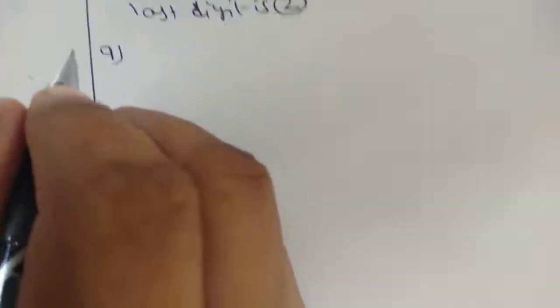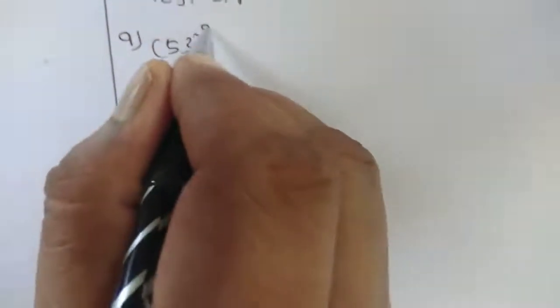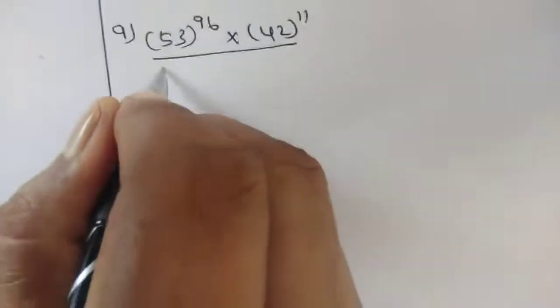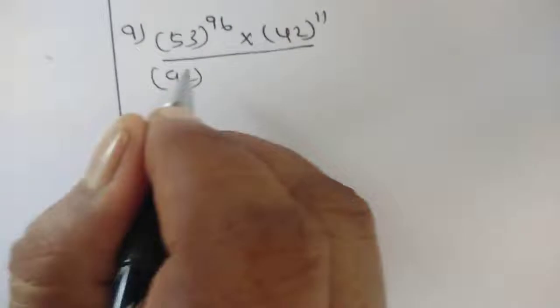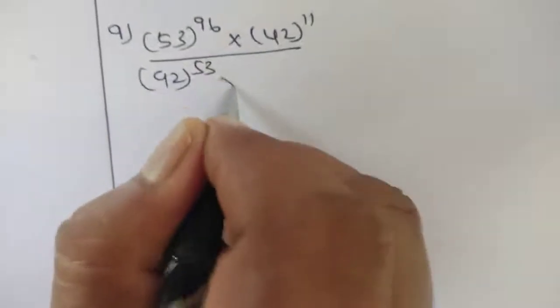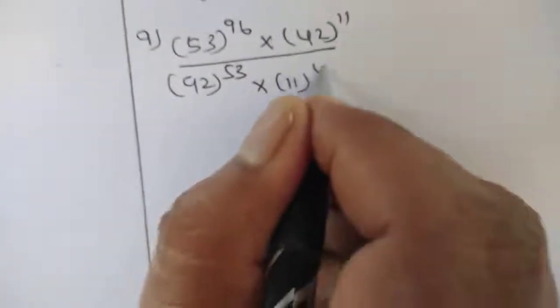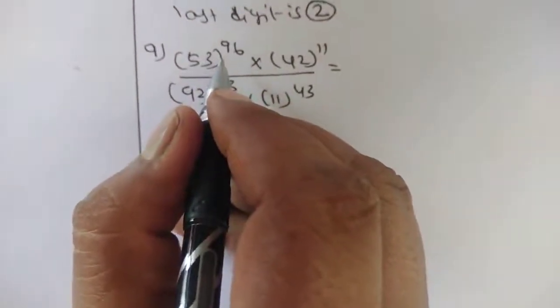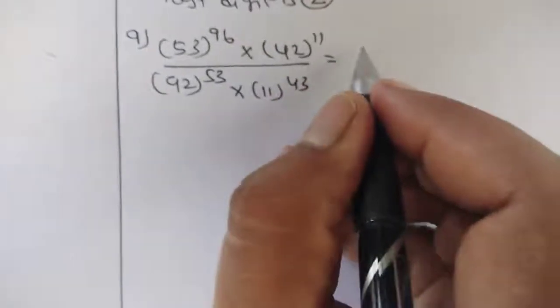The ninth problem, you take 53 power 96 into 42 power 11 divided by 92 power 53 into 11 power 43. Here 96 is exactly divided by 4 and remainder will be 0.